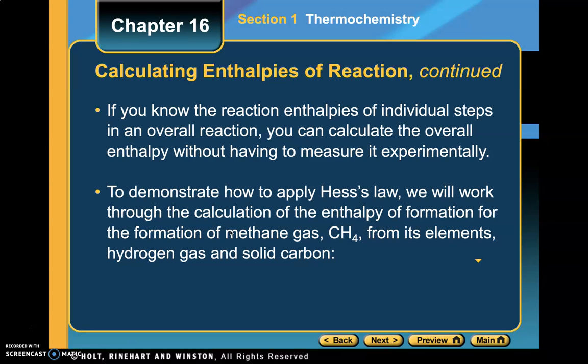Down below, we're going to work through a calculation for the enthalpy of formation for methane gas, CH4, from its elements. So look, here is the reaction that we're trying to get to. Carbon in the solid form reacts with hydrogen in the gaseous form to produce methane, CH4, in the gaseous form. And the question they're asking is, what is the delta H F naught for this?